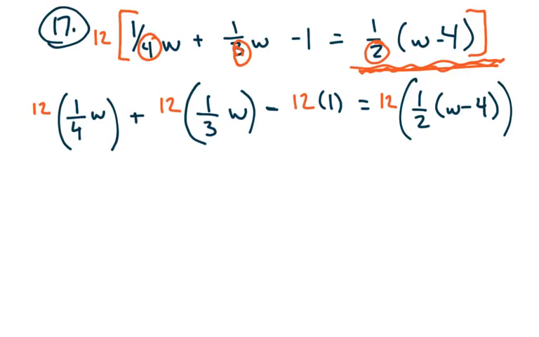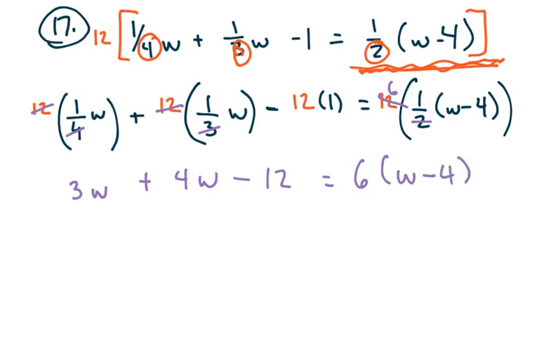And why would we do this? Well, because 12 divided by 4 is 3. 12 divided by 3 is 4. And 12 divided by 2 is 6. I've eliminated all the fractions. Okay? What I really did, if you want to use technical jargon, what I did is I multiplied by the LCM, the least common multiple.